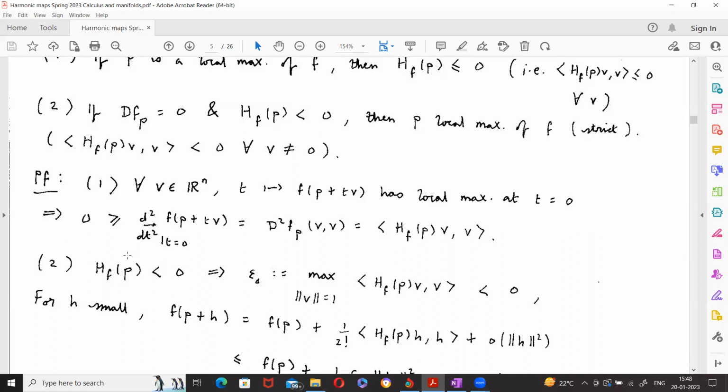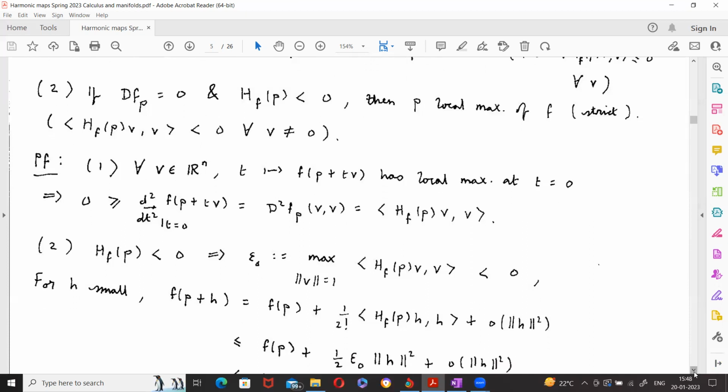And conversely, suppose that the Hessian is strictly negative, okay? Then look at the maximum of this quadratic form, Hv comma v, on the unit sphere, right? On the unit sphere, this quadratic form is strictly negative. Therefore, its maxima will also be strictly negative, since the maxima is attained on a compact set. So let's call this epsilon naught, this maxima of the quadratic form on the unit sphere.